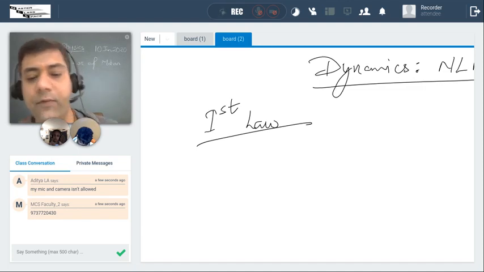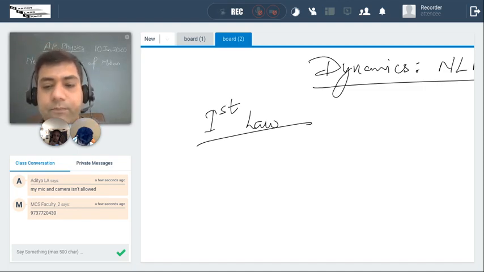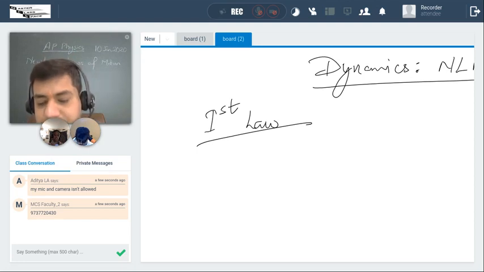The overall force on the body comes out to be, Ishita? The total force is zero. They all cancel each other out. Perfect. This is basically the mathematical way to tell how we are going to deal with this.